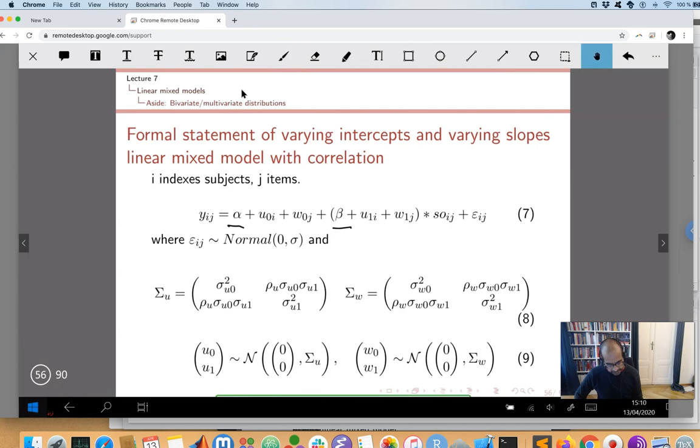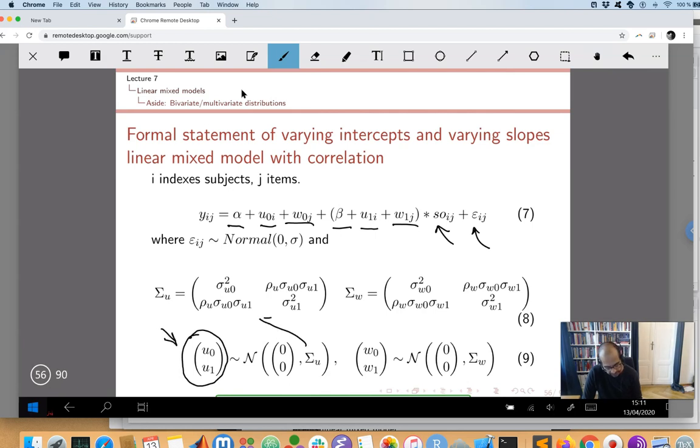This is the intercept adjustment by subjects, the slope adjustment by subjects, the intercept adjustment by items, and the slope adjustment by items. This is my plus minus 1 coded predictor, epsilons, right? And the subject adjustments to the intercept and slopes are assumed to be correlated. They're coming from a bivariate distribution, which implies a variance covariance matrix, which is specified here. And the items are also coming from a bivariate distribution, which implies a covariance matrix, which is specified here.